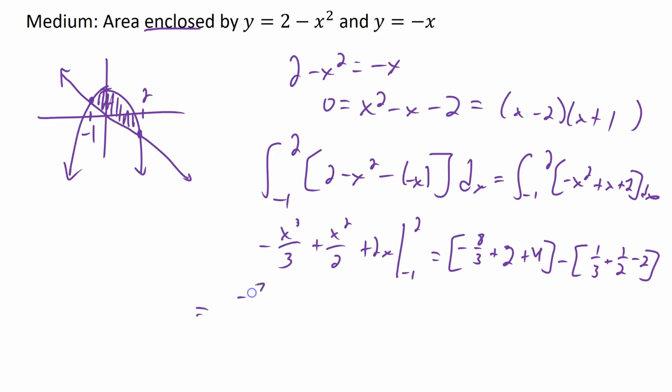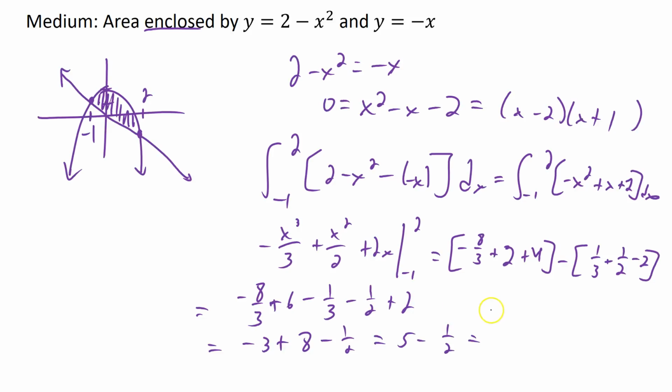So this is going to be negative 8/3 plus 6 minus 1/3 minus 1/2 and then plus 2. Negative 8/3 minus 1 more third is negative 9/3. That's negative 3. Plus 6 plus 2 is plus 8 minus 1/2. Negative 3 and 8 are 5 minus 1/2. That is 4 1/2. That's fine. We can leave it like that, or that'd be 9/2.